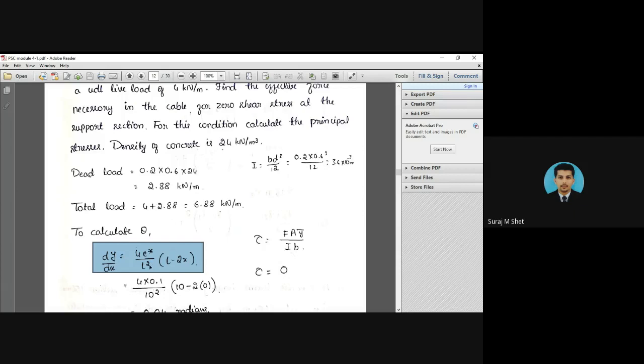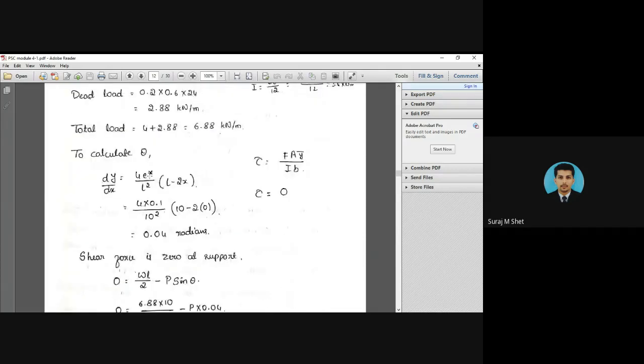In this formula, what is e star? It is the dip of the cable, which means the eccentricity at the center. The eccentricity at the center is 100 mm, as given in the problem. If I convert into meter, it is 0.1 meter.